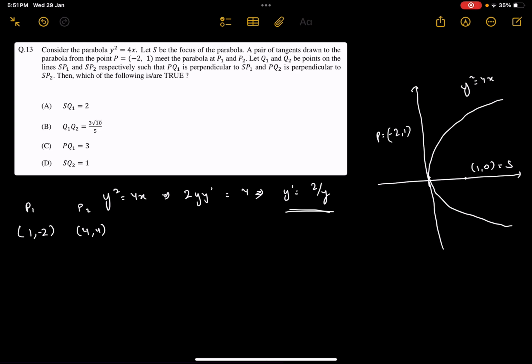Q1 and Q2 are the points on the lines SP1 and SP2 respectively. So this is P1 and this is P2, and these are the lines SP1 and SP2.